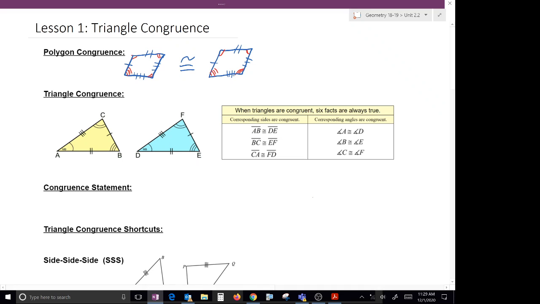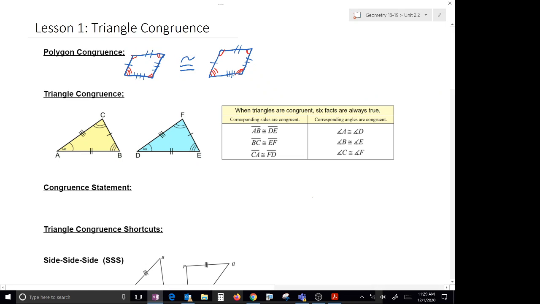Okay, so congruence means all corresponding sides and angles are congruent.